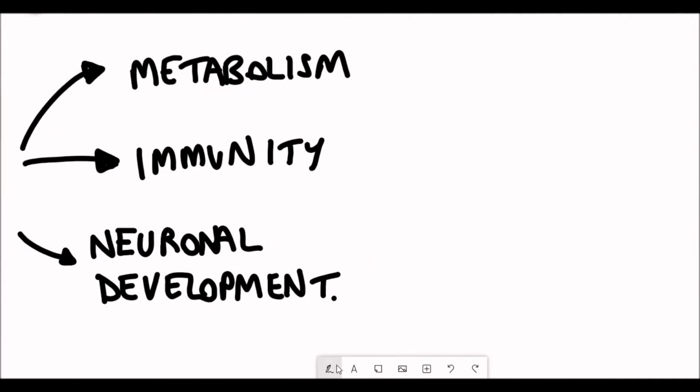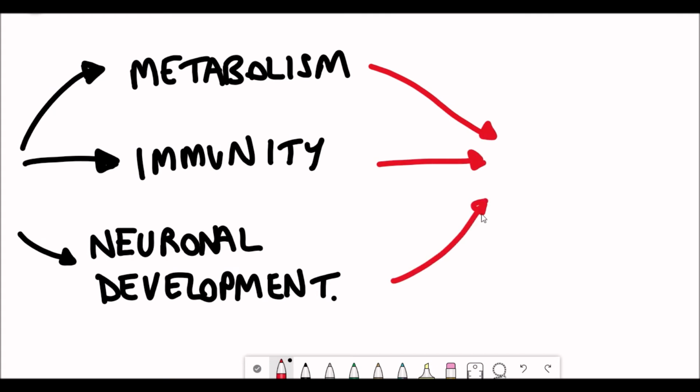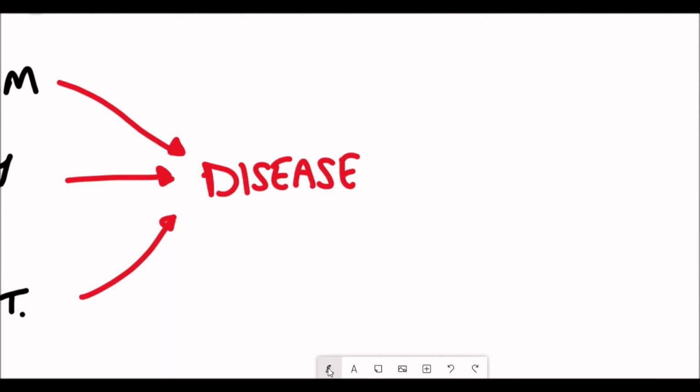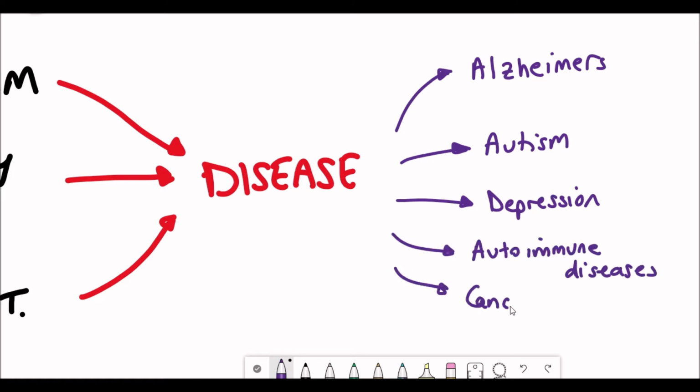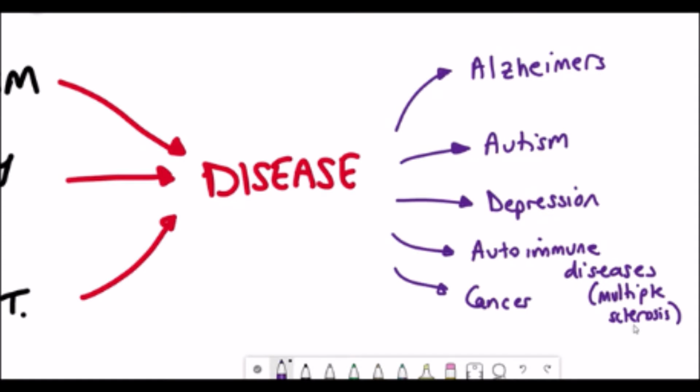So it's a really interesting topic. And so related to this, obviously defects in metabolism, immunity, and neuronal development are also linked to disease. And so the microbiome is also related to disease, and there's now lots of evidence linking the microbiome composition to diseases such as Alzheimer's, autism, depression, autoimmune diseases such as multiple sclerosis, and also cancer.